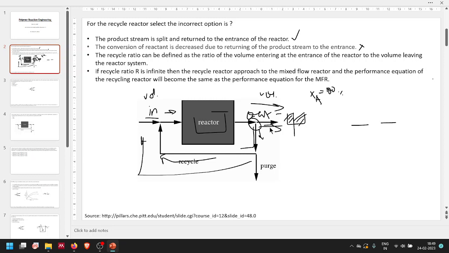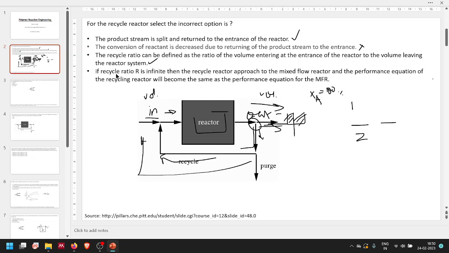Now, since the outlet stream is getting divided into two parts, as one part is going to the recycle stream and the other comes out as the product, the recycle ratio can be defined as the ratio of the volume entering inside and what is exiting outside. Because of that ratio, you will be able to find out what percentage is being sent back as recycle. So this statement defines the recycle ratio, which is correct.